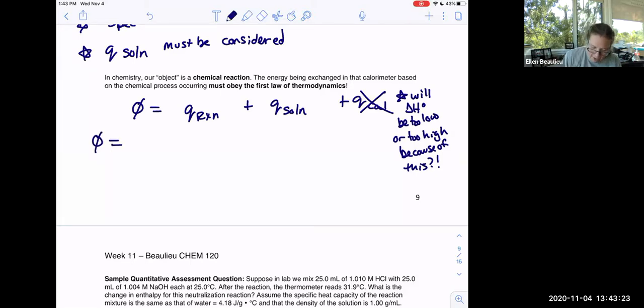So for a reaction, remember, we're going to use n delta H. And for the solution, we're going to treat it like an object, so we're going to use s m delta T. The thing that we want to know is delta H. So I want you to rearrange and solve for delta H. How would I rearrange those variables and solve for delta H?